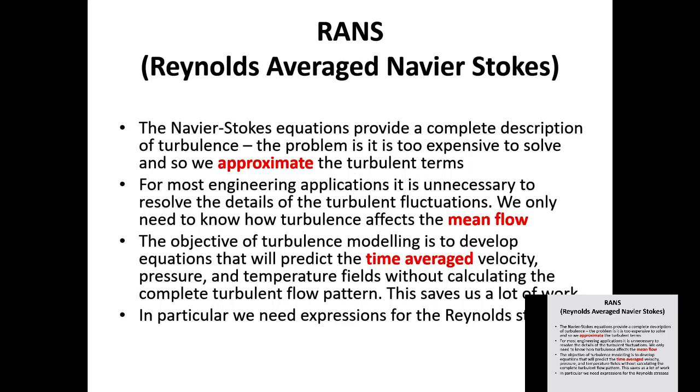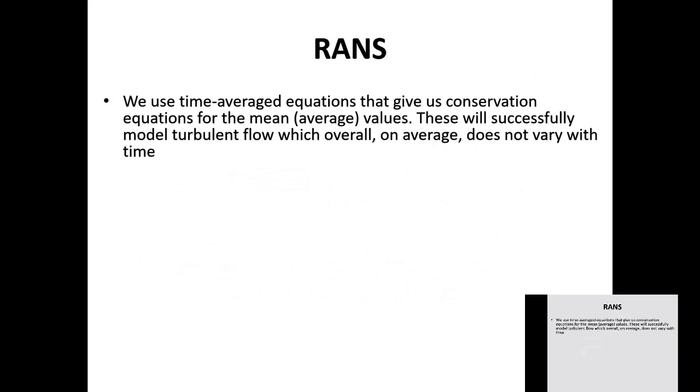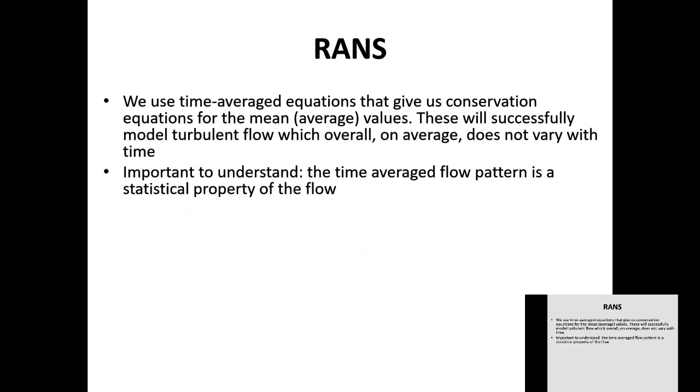We will see what Reynolds stresses mean. So in RANS, we use time averaged equations that give conservation equations for the mean values. It models turbulence successfully, and the answer does not vary with time.